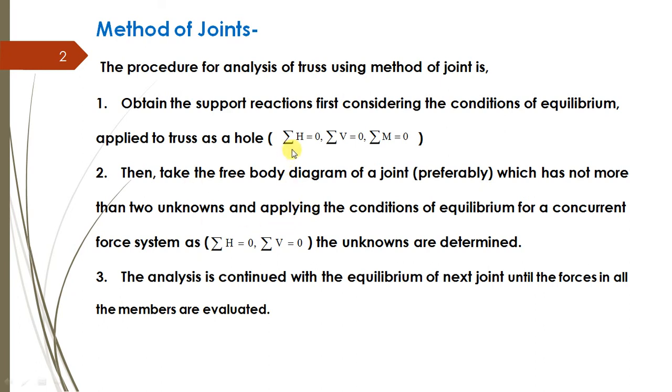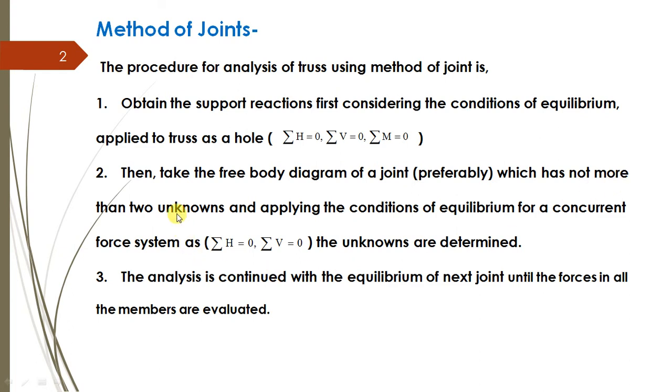Once you are able to find out the support reaction after application of the condition of equilibrium, the second step is to draw the free body diagram of each joint separately.